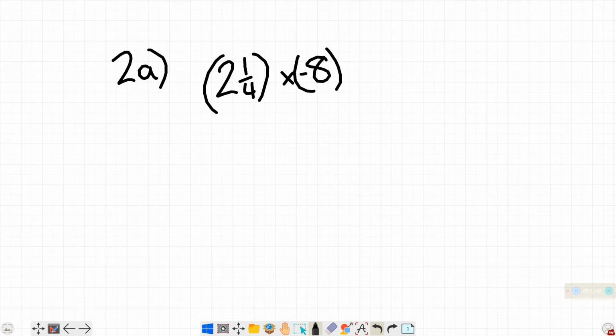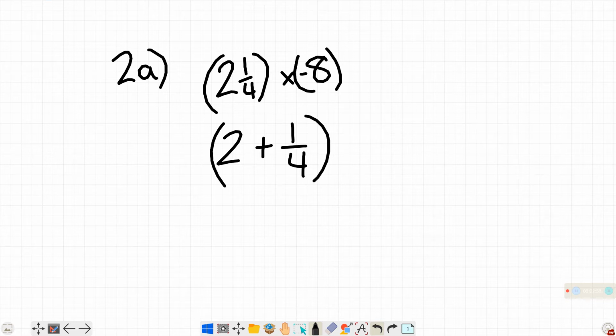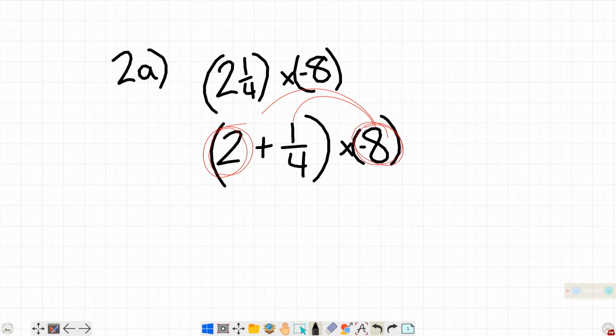So what they're going to have us do is separate 2 1/4 into the whole number and the fraction piece, and then multiply by -8. The distributive property says to multiply both pieces on the inside by whatever thing you have to multiply by. So in this case, I have -8 times 2.